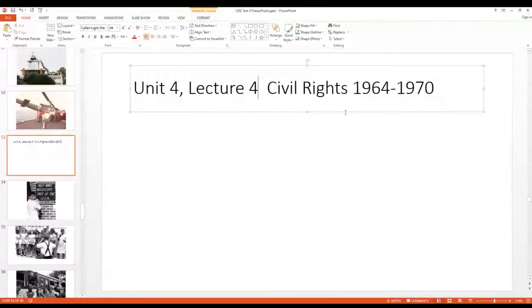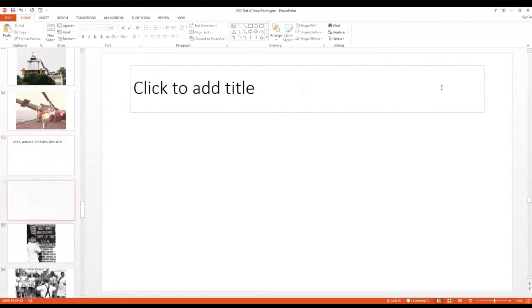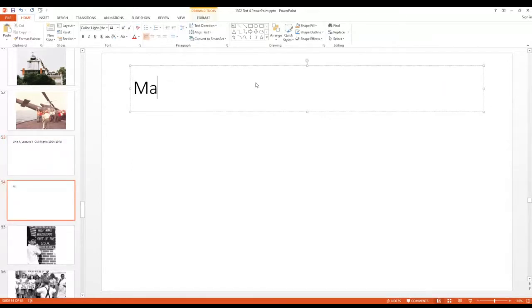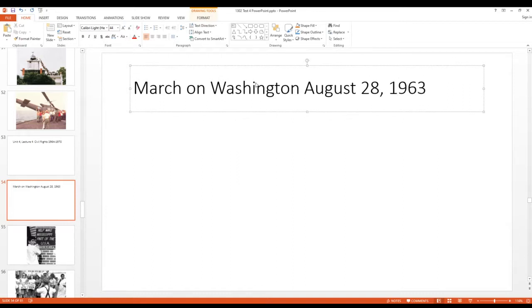When we last left off civil rights, we had left at the March on Washington on August 28th, 1963.